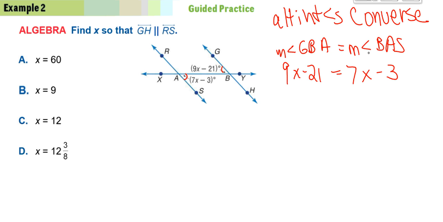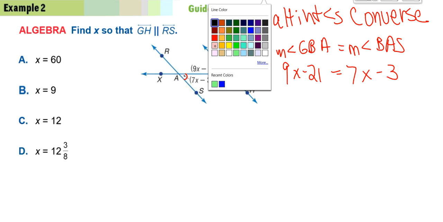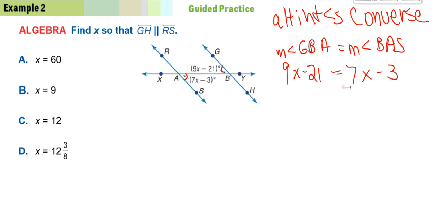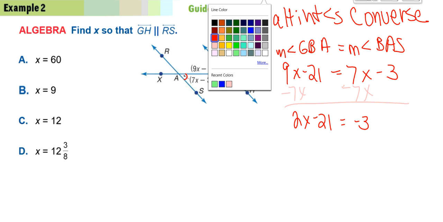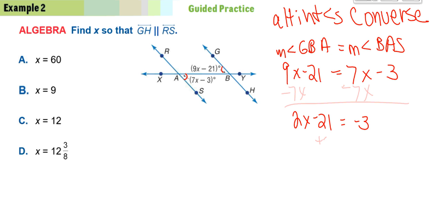Just a little reminder of solving. I like to subtract 7x on both sides. When I do that, I get 2x minus 21 equals negative 3. Then I'm going to add 21 to both sides, and I get 2x equals 21 minus 3, which is 18.